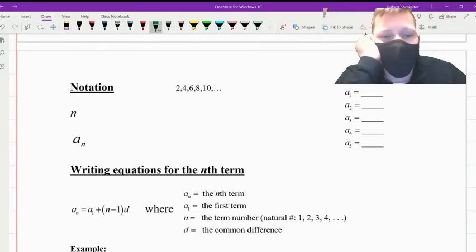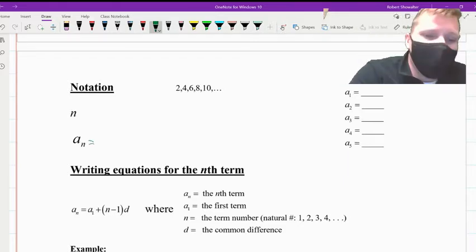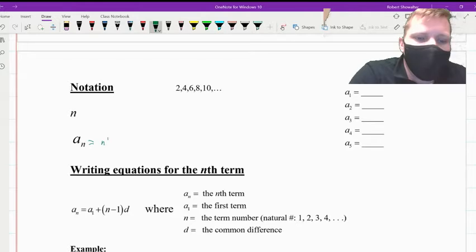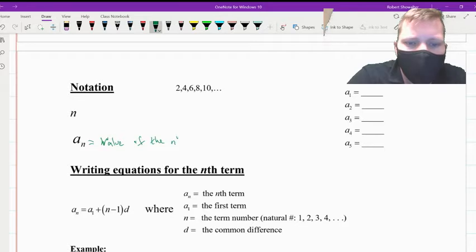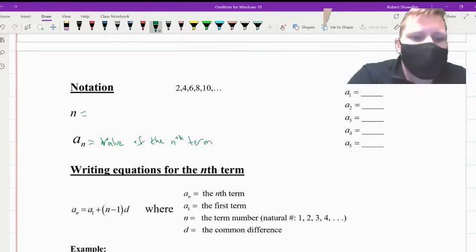But besides that, if we look at this very typical arithmetic sequence, we have a bunch of terms, which we would call a sub n. We would call that the value of the nth term. What is n? n is the term number.